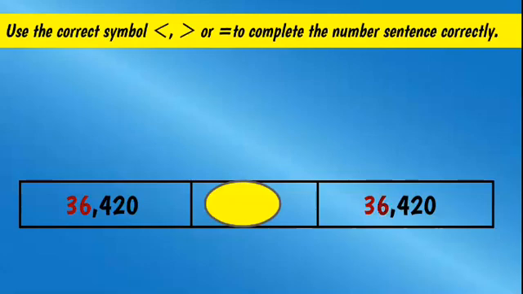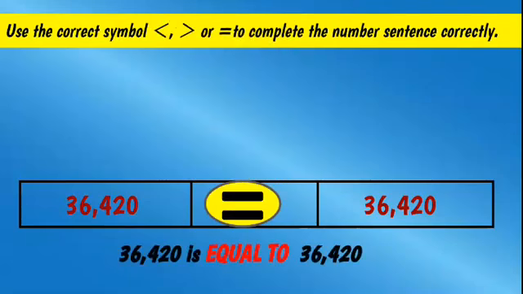So we're going until you see a difference in values in the numbers. 400 in the first, 400 in the second number, 20 first, 20 the second, 0 ones, 0 ones. So both numbers are equal. So 36,420 is equal to 36,420.